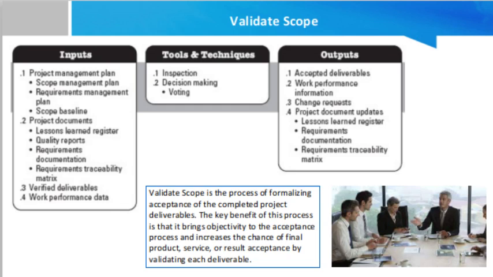This particular process is necessary for creating different documents like project document updates, work performance information, accepted deliverables, and change requests. Since the validate scope process mainly focuses on the deliverables, the verified deliverables are obtained from the control quality team.